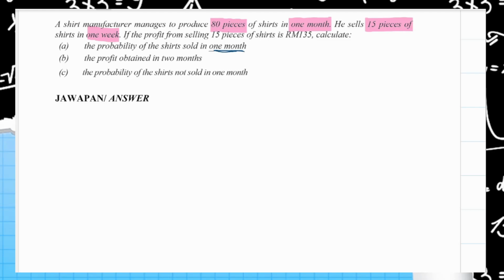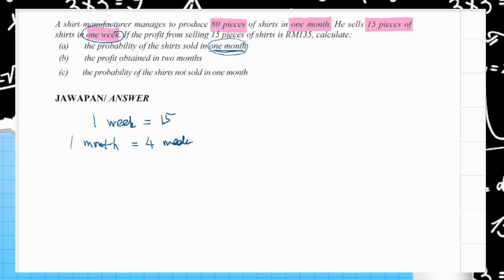Okay. So, kalau kita tengok, how many t-shirt yang dia jual dalam seminggu. Okay. 1 week dia sell sebanyak 15. And then dia nak untuk 1 month. So 1 month kita ada berapa week? So 1 month sama dengan 4 week, right?